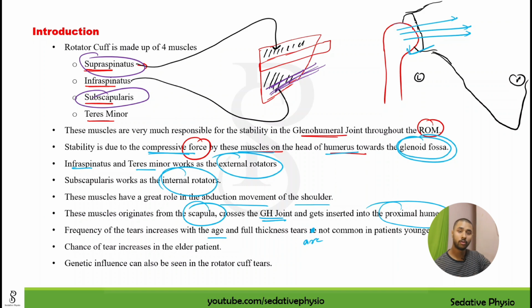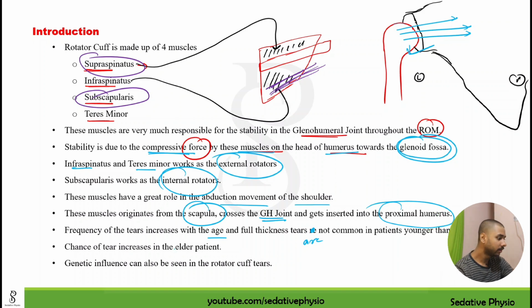And one more point, the frequency of tear will increase in old age, right? I have just told you that in the elder patient, due to the aging process, the chance of tear increases, and in that condition the healing is also delayed. The healing is delayed because of low immunity and low body metabolism function.